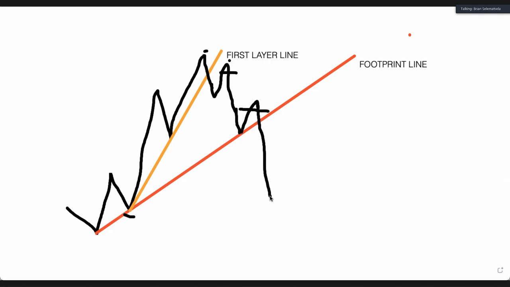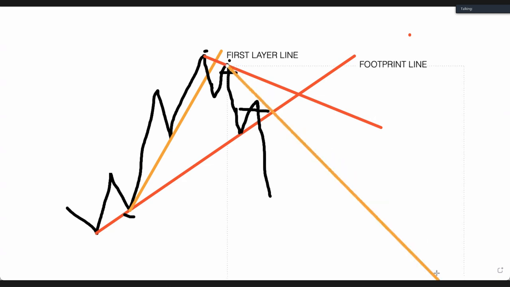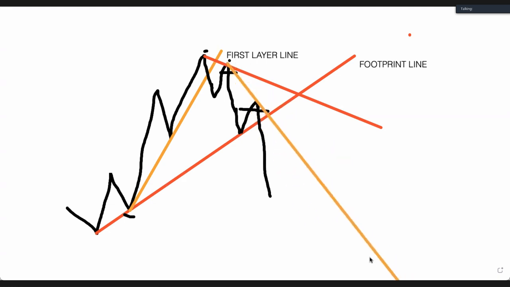So after you're able to find a full structure, draw your lines. Then after that, you draw your first layer.